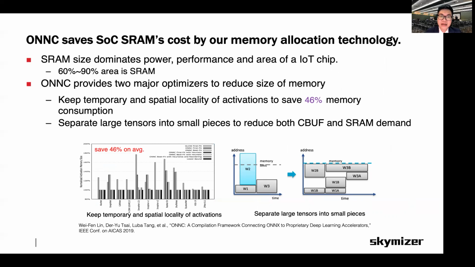ONNC also saves SoC's SRAM, which is a very important part, especially for IoT devices, because most IoT devices only have like 500 or even 128 kilobytes of SRAM. Because we are an architecture-aware compiler, we could fully utilize the communication between components, and we can use a layer splitting algorithm to optimize memory usage.